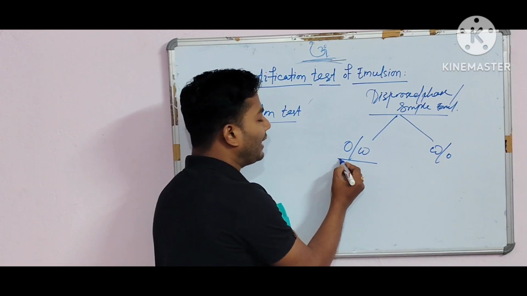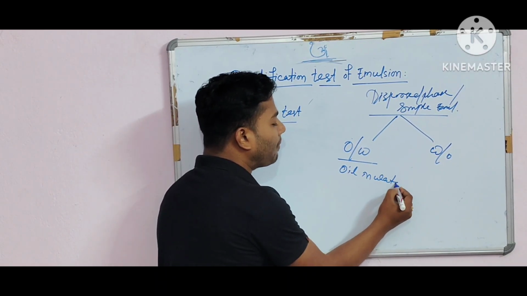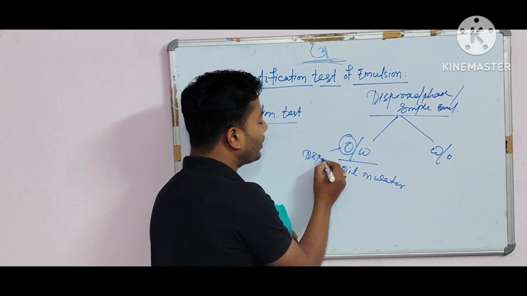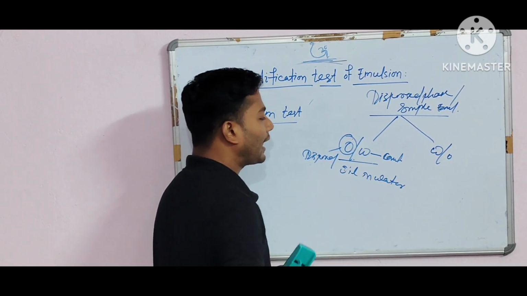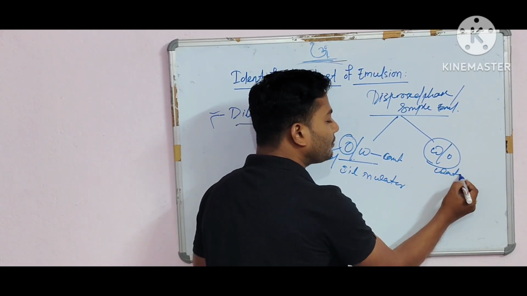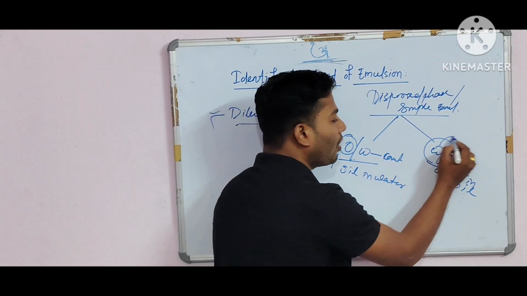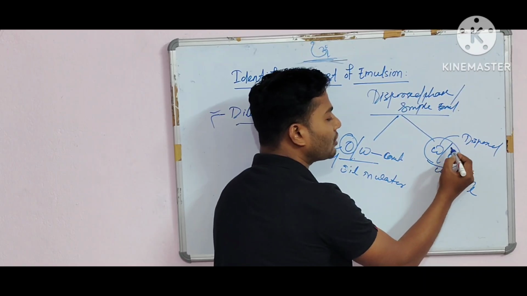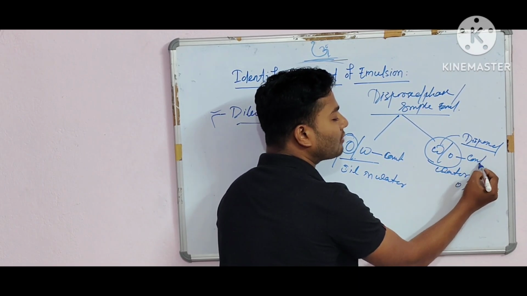What do you mean by O/W type of emulsion? It is an oil in water type of emulsion, and in this emulsion oil is the dispersed phase and water is the continuous phase.